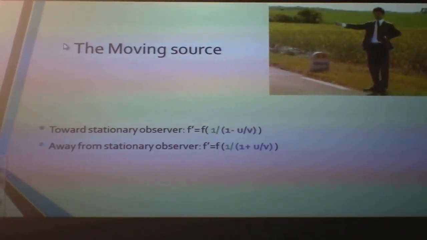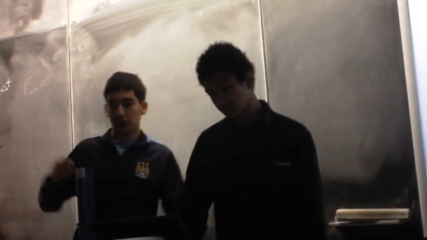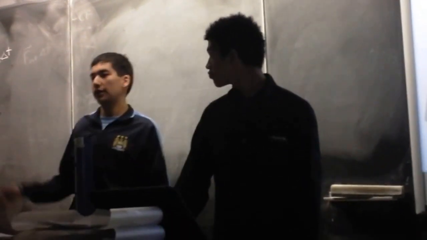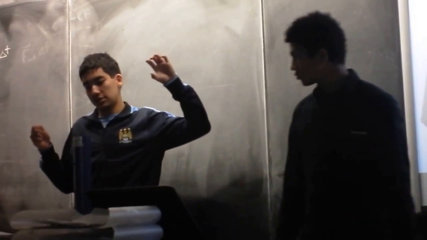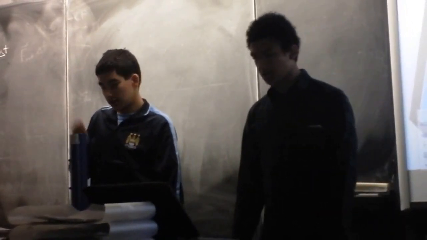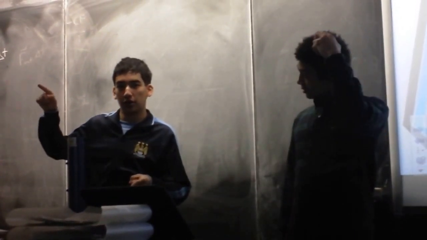Now the moving source. The observer is staying stationary, and there was a moving source. We had a rope with a source, and we calculated its period using Logger Pro.